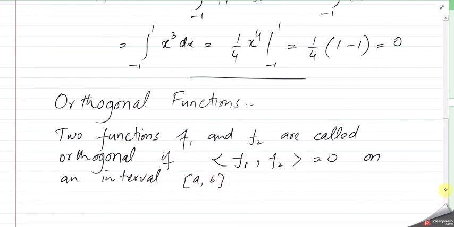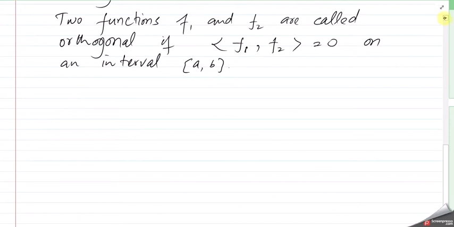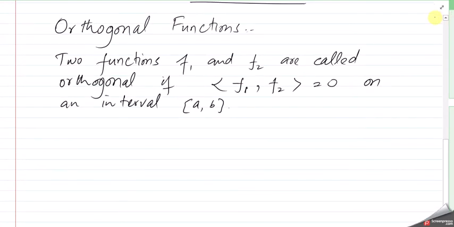The mention of interval is very important here, because same two functions might not be orthogonal on a different interval. I'll give you a quick example.